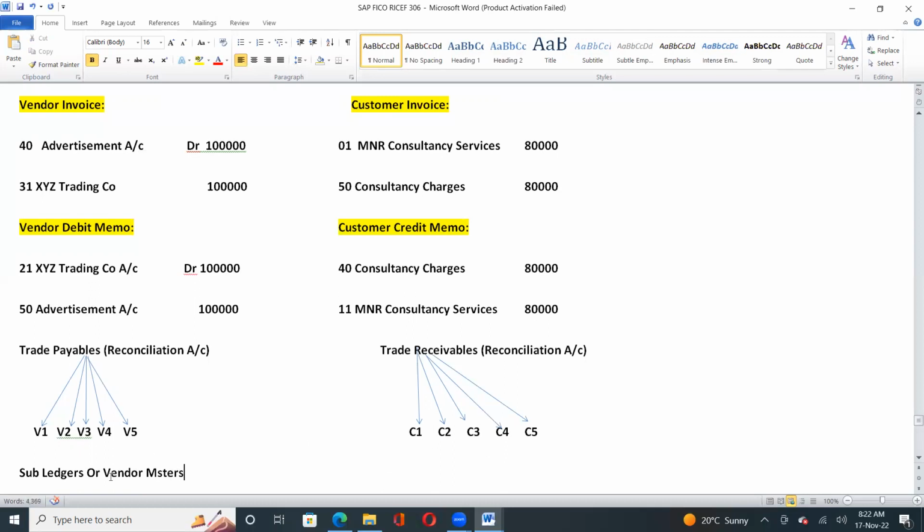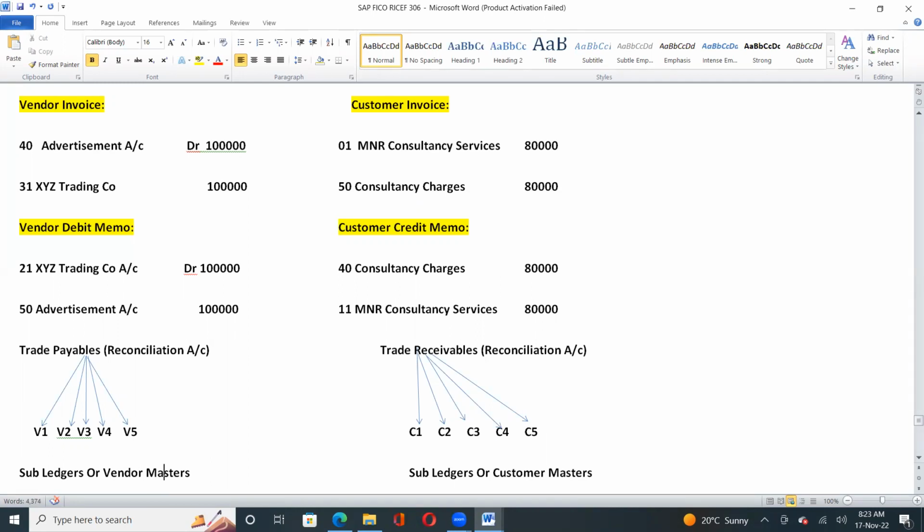Right? This is called subledger or vendor masters. And here we are going to call it the same thing, subledgers or customer masters. Okay.